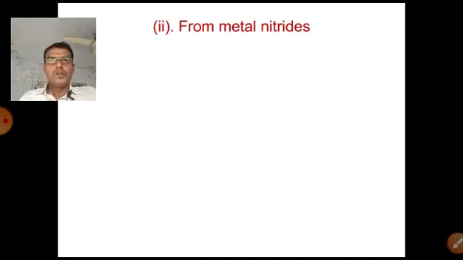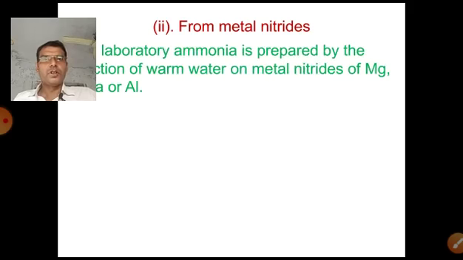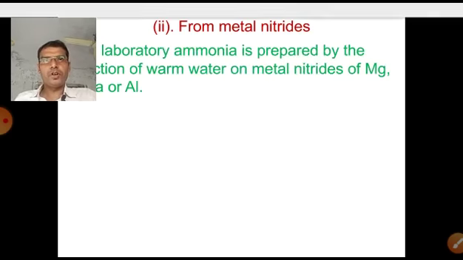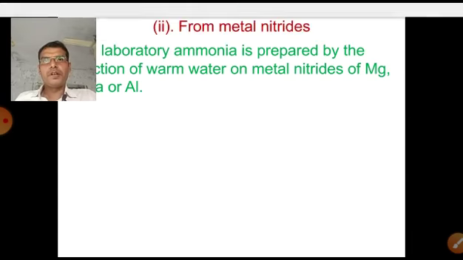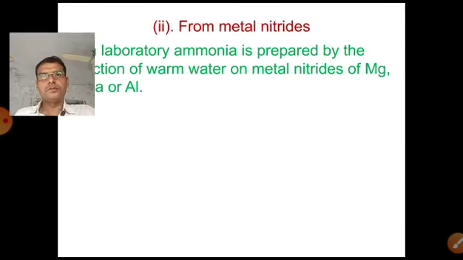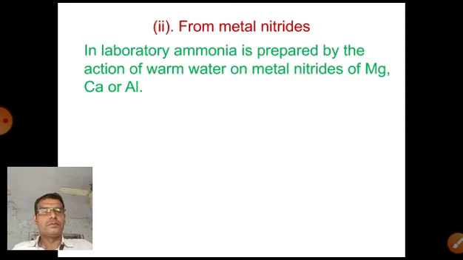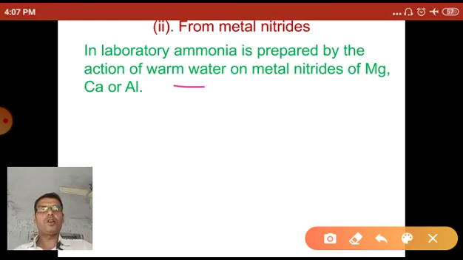Now, in the laboratory, ammonia can also be prepared from metal nitrides. So the second method for the preparation of ammonia in the laboratory is from metal nitrides. In the laboratory, ammonia is prepared by the action of warm water on metal nitrides of magnesium, calcium and aluminum.